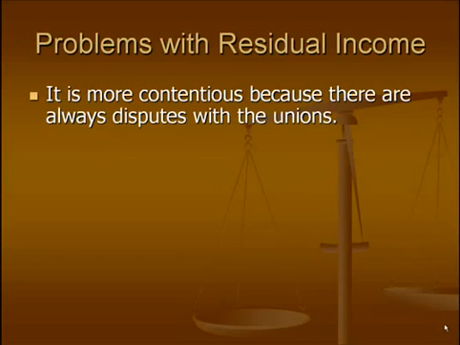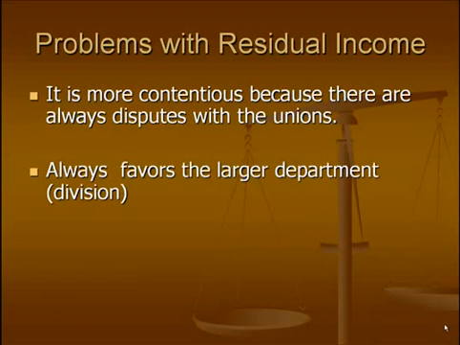Unions would want a lower desired rate of return, and managers would want a higher desired rate of return. Why? Unions would want a lower desired rate of return, so the target income is low, so they can achieve it easily. Managers would want a higher desired rate of return, so the target income or profit is higher, so it becomes more challenging to the workforce, which of course they don't like. So it's always contentious.